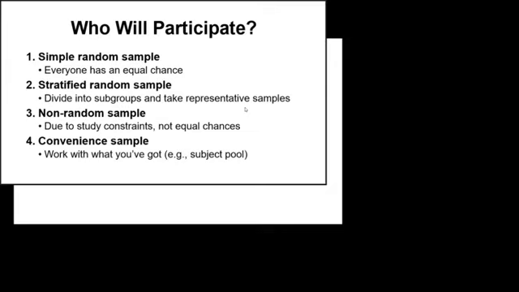So maybe you want to make sure that you actually get some French-speaking students in your sample because you care about their primary language. So you might use a stratified random sample and actually divide that population into subgroups of what you're interested in. So French universities and English universities.